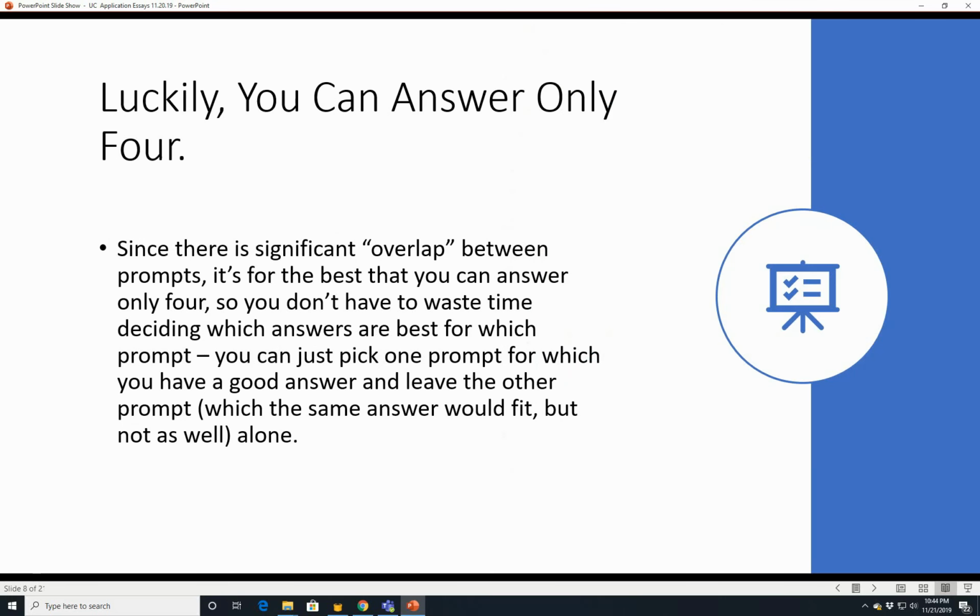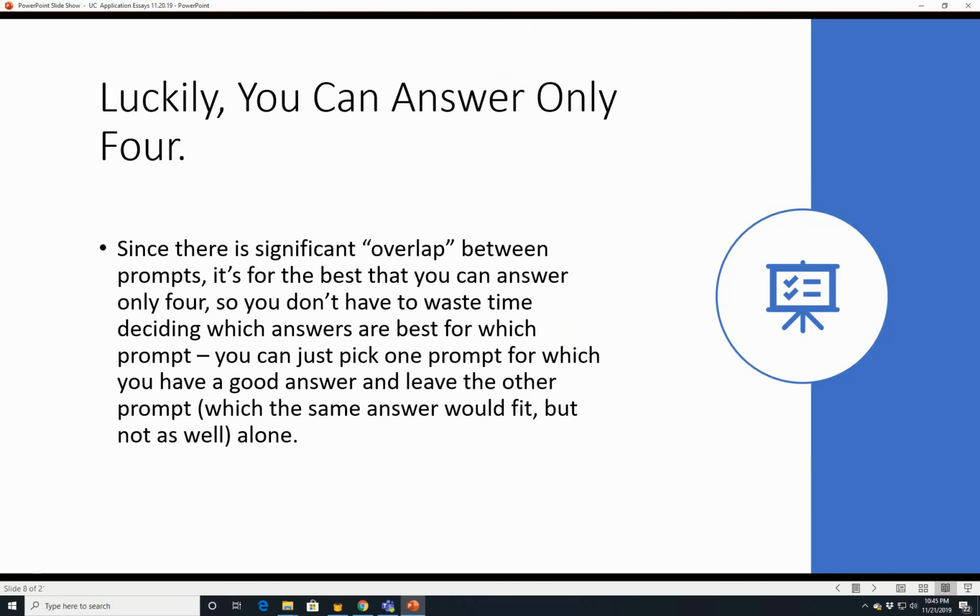Luckily, you generally answer only 4 essay prompts according to the instructions that are with the UC prompts. So absent any instructions to the contrary from your specific UC schools that you want to apply to, since there's significant overlap between the prompts, it's for the best that you can answer only 4, since you don't have to waste time deciding which answers are best for which prompt, or you only have to a certain extent, because you can just pick one prompt for which you have a good answer.